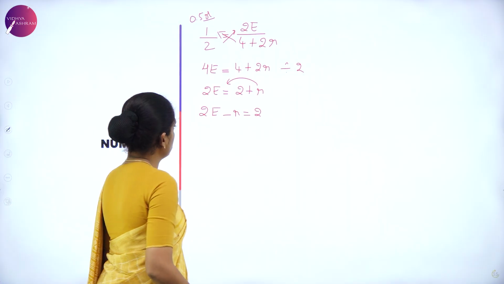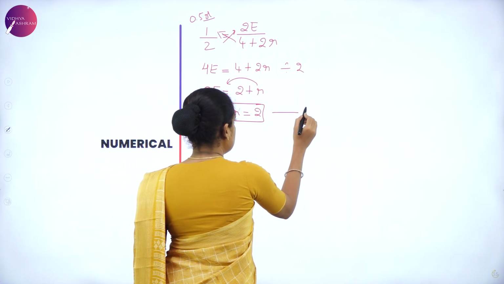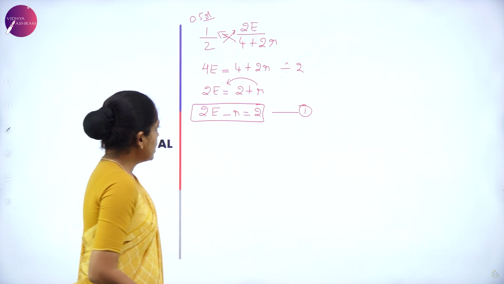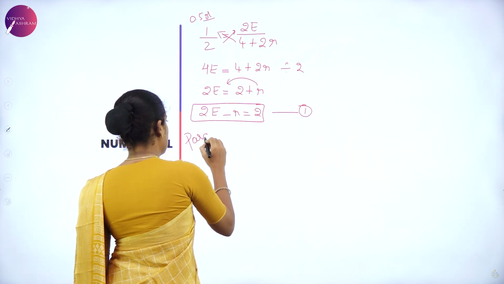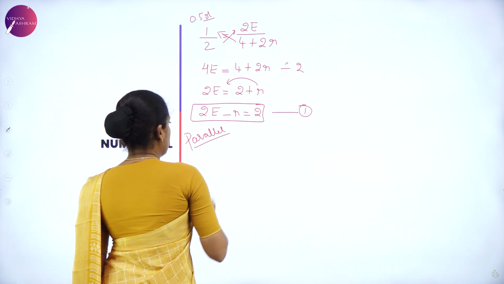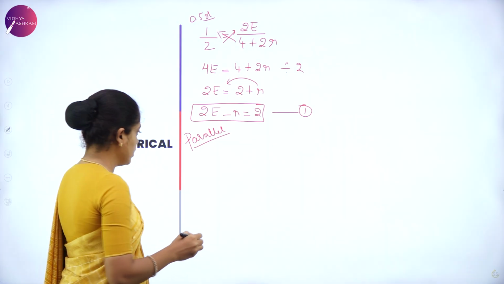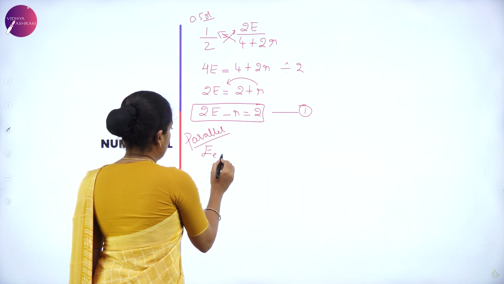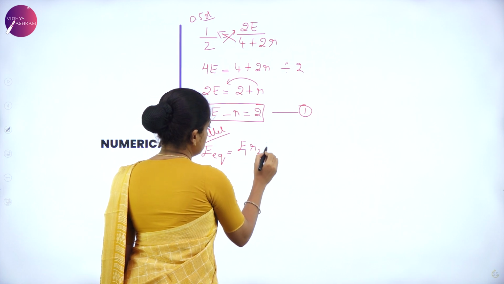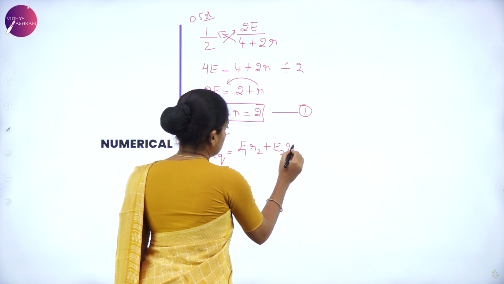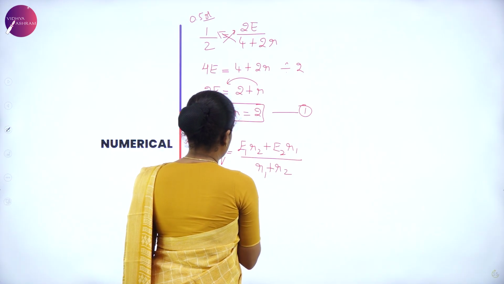I'll consider the R towards the E. Now we have this equation 1. Same way for the parallel, let us calculate the current. To calculate the current in the simple circuit, first I need to find the equivalent EMF. Equivalent EMF in parallel is given by E1 R2 plus E2 R1 divided by R1 plus R2.